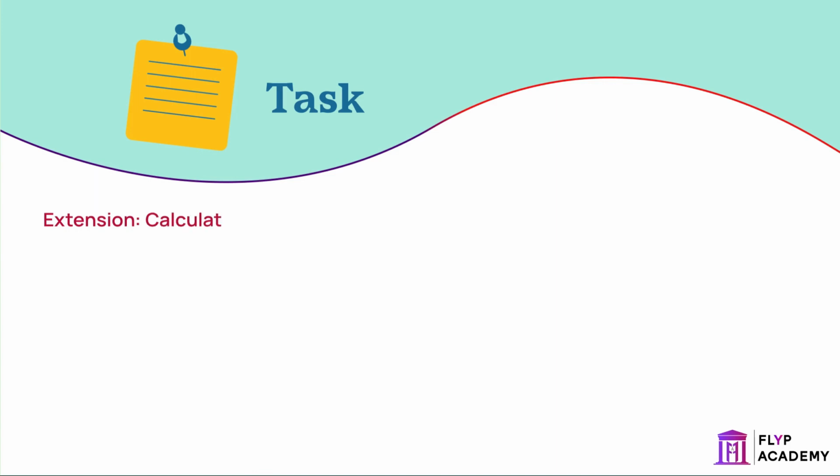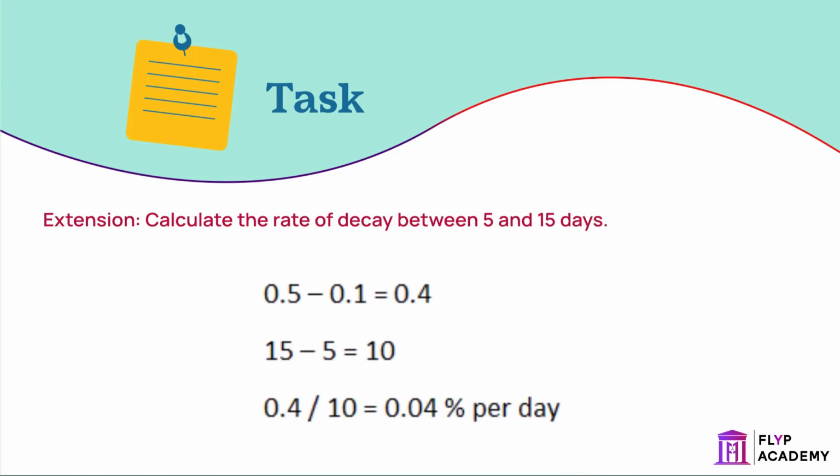Extension: calculate the rate of decay between 5 and 15 days. We need to read from the graph the concentration of carbon dioxide on day 5 and 15, then work out the difference. We then need to divide this by the time taken to give us the rate.